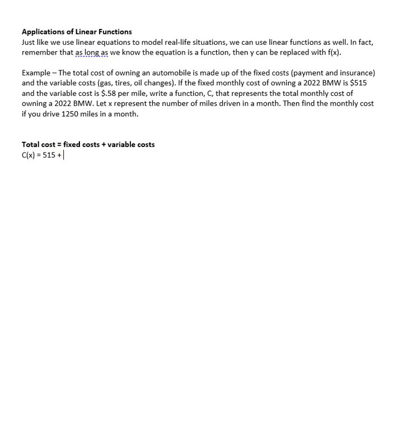So the fixed costs are going to be $515, and then the variable cost is going to be 58 cents per mile. So 58 cents times the number of miles, and what did they tell us to use as the number of miles? X. So it's going to be 0.58x.